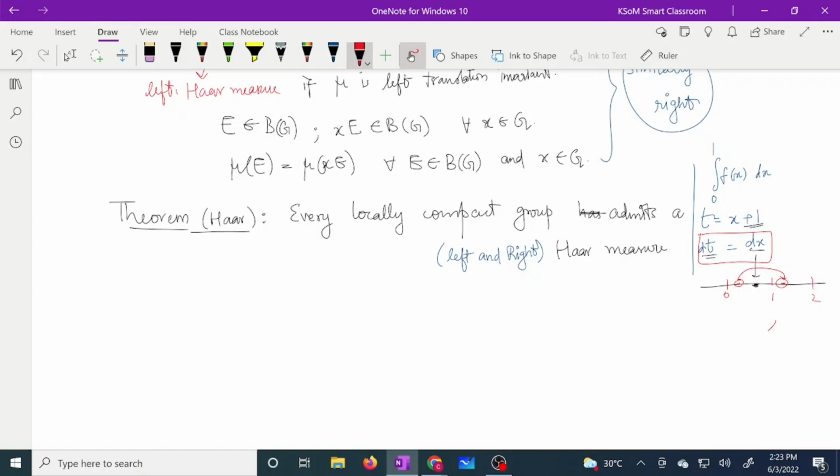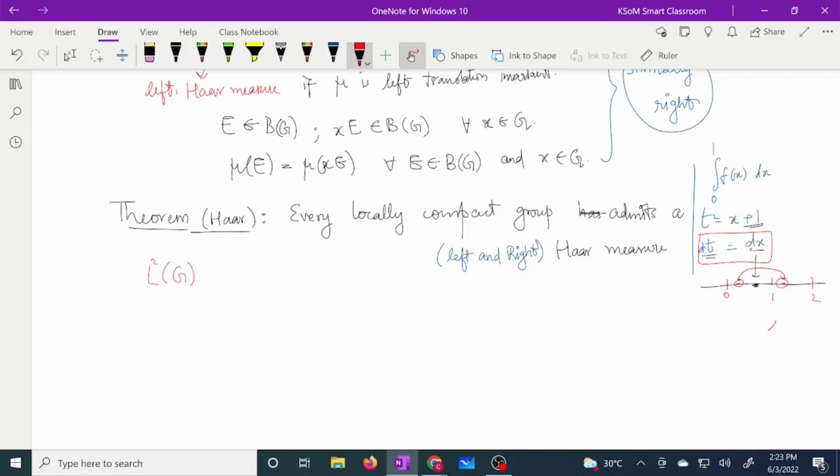So what this allows us to do is integrate on these spaces now. That will allow you to study L2 spaces, LP spaces. Now it makes sense to talk about L2 of G.